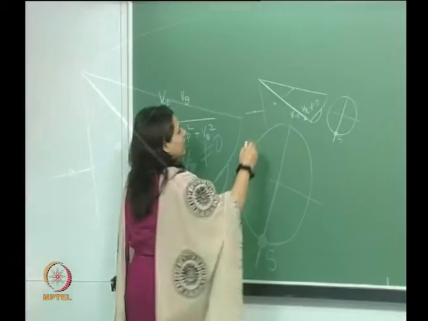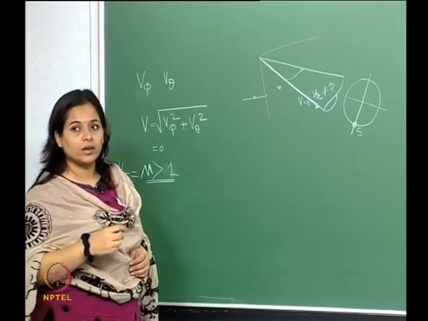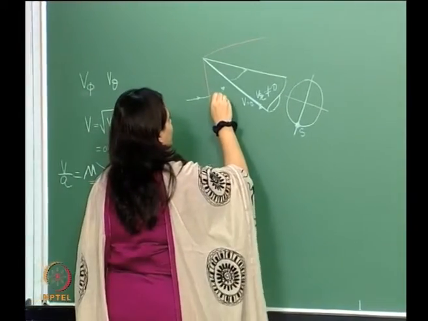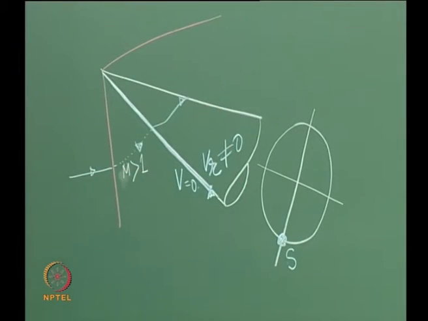So say for this particular streamline, I have a supersonic velocity, the Mach number is greater than 1.